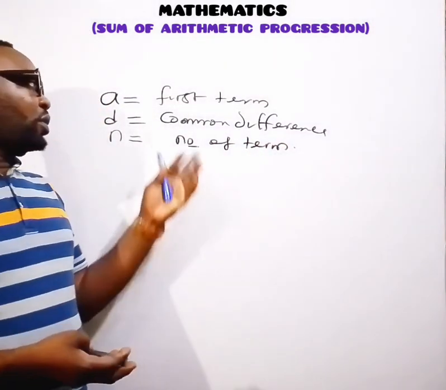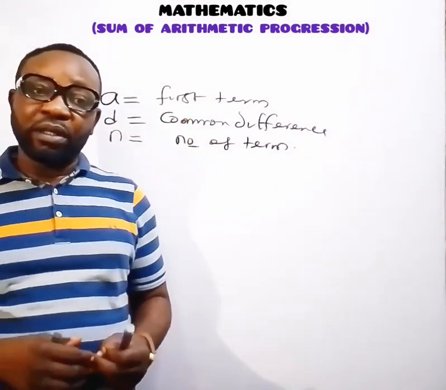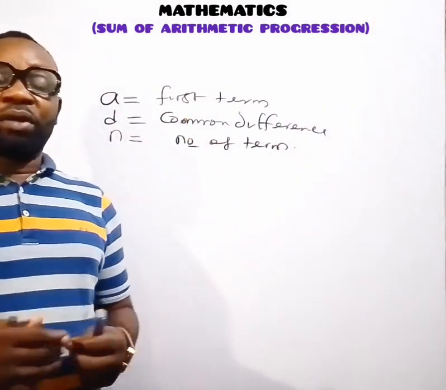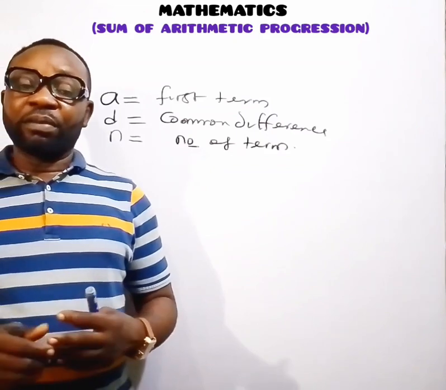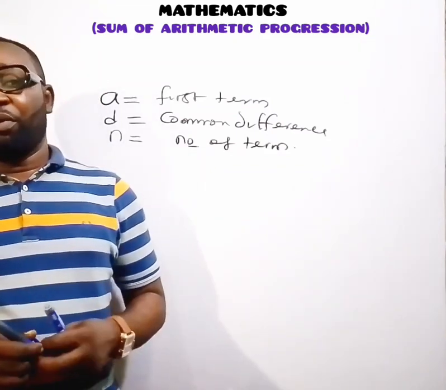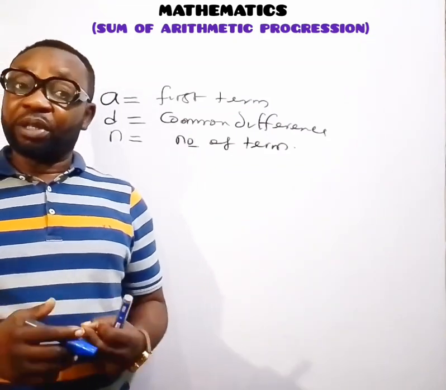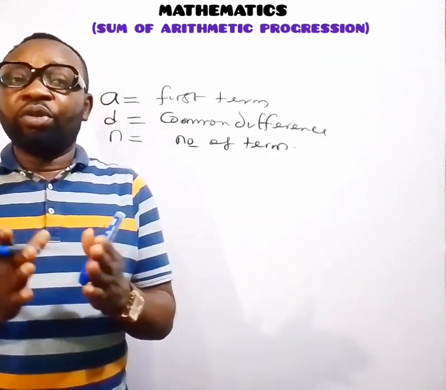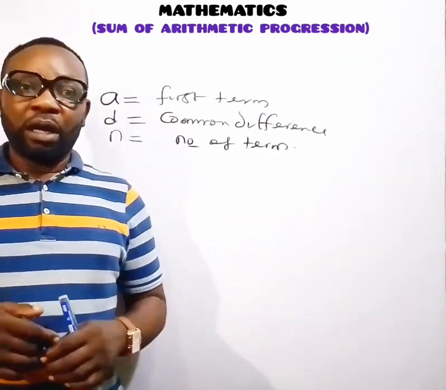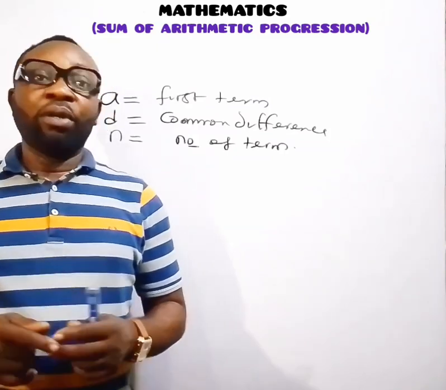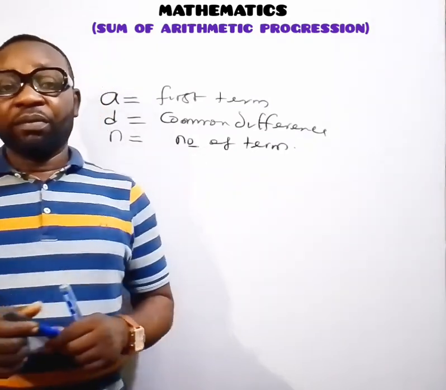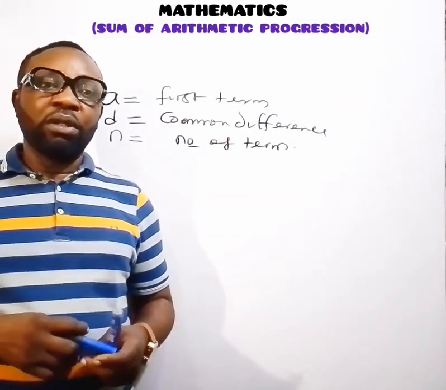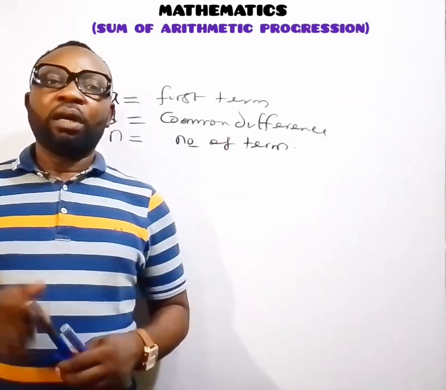Now, this set of elements that are found in the nth term of arithmetic progression are also available in the sum of arithmetic progression. In other words, I'm now going to show you the formula that we employ when we are trying to solve a question regarding arithmetic progression.